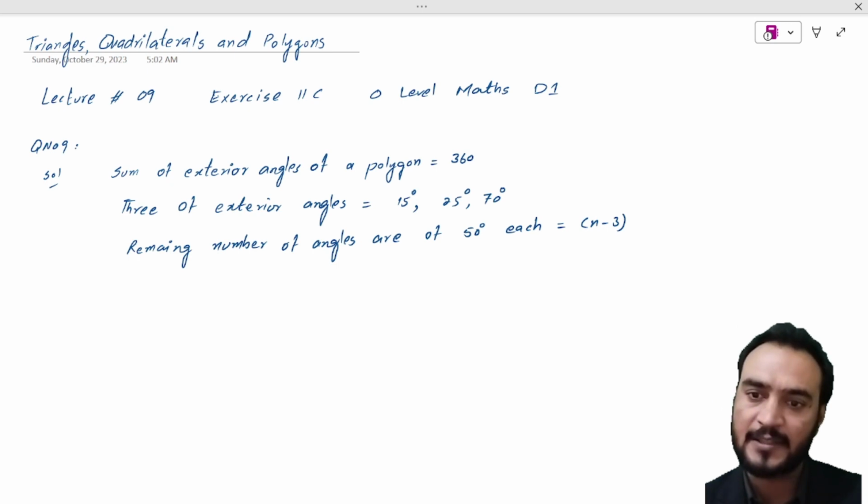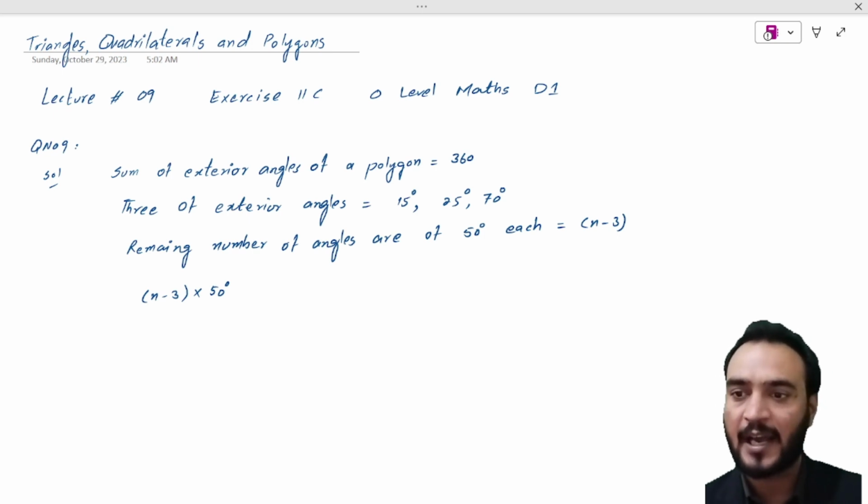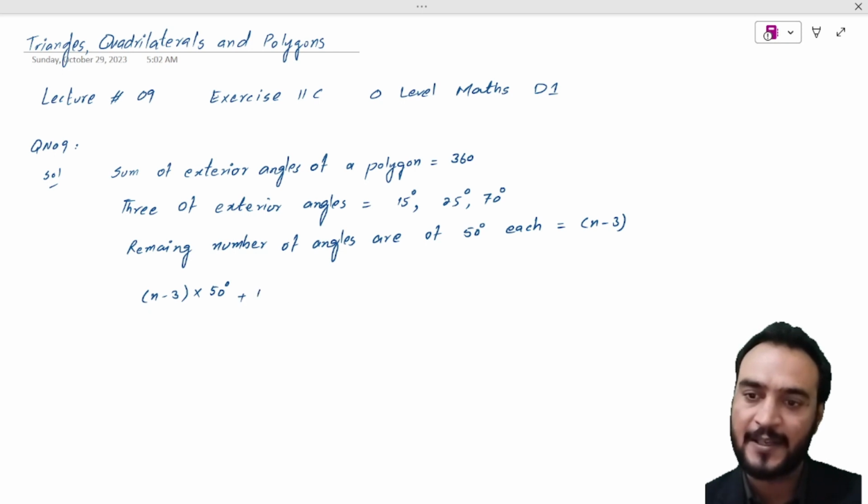Now we add these angles. First of all, n minus 3 angles, each of magnitude 50 degrees. We multiply the number n minus 3 with 50, which represents the angles except these three angles, plus we add these three angles of different sizes, 15 degrees plus 25 degrees plus 70 degrees.